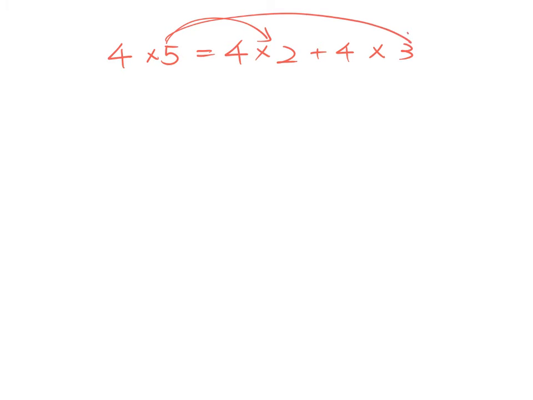So let's rewrite this. We first had 4 equal groups of 5. Then what I did was I broke the 5 down into 2 and 3. But I kept the 4 groups exactly the same, right?